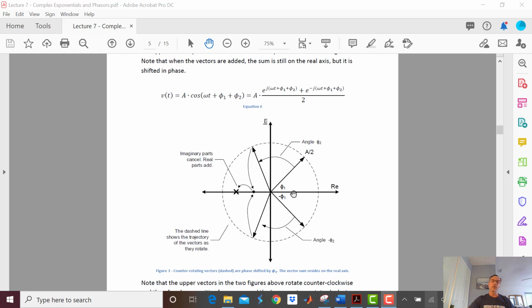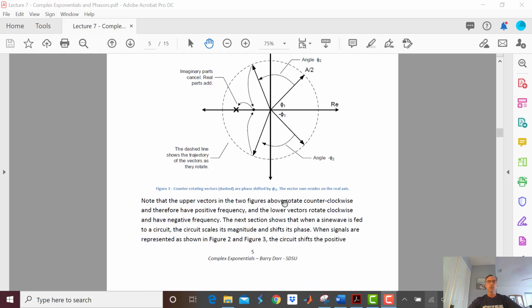My total angle, of course, is phi1 plus phi2. You might say, why are you going to do that? Where I'm going with this is that what circuits do at a fixed frequency is they add a phase shift, and they also scale. So this is an introduction to what circuits are going to do to our exponential signals.